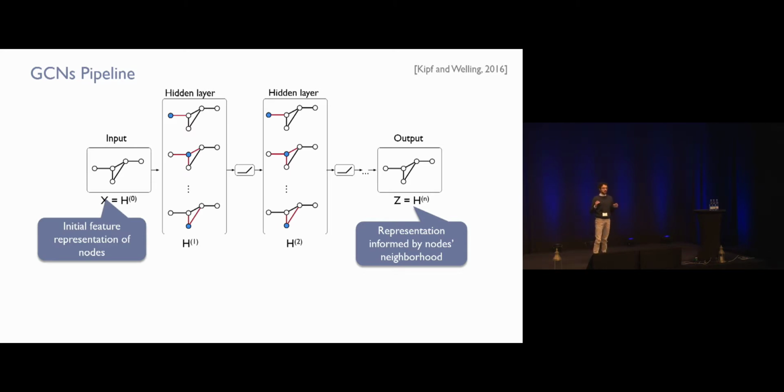This operation can be done easily in parallel, and it can be super fast. After that, we apply some nonlinearity. We can apply this GCN operator again, and the reason for doing so is to widen the neighborhood of the node.